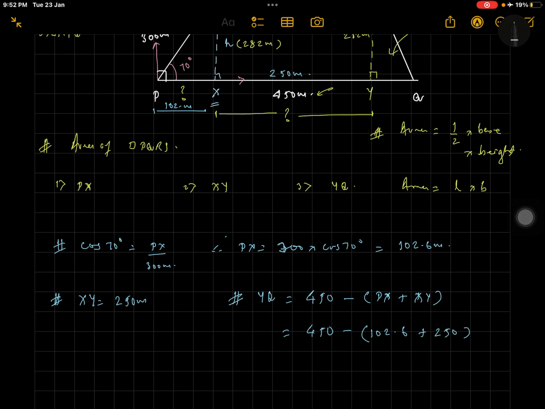We do that and we get our answer. Let's check on that. How much is that? 0.6 plus 250, I complete my bracket, and it comes out to be 97.4 meters.